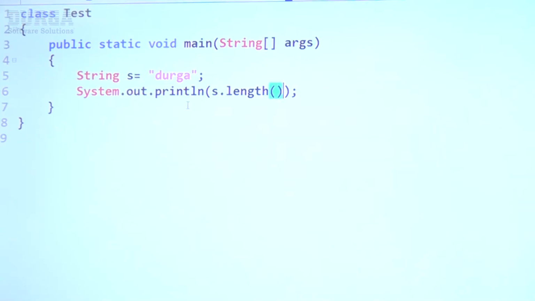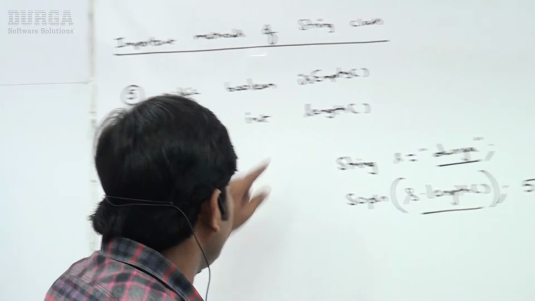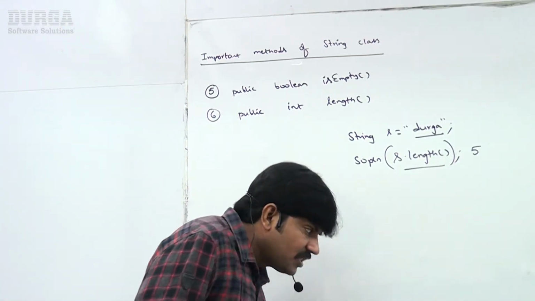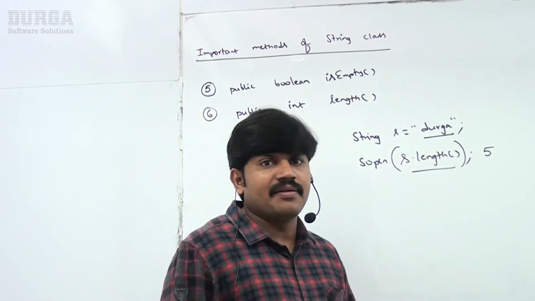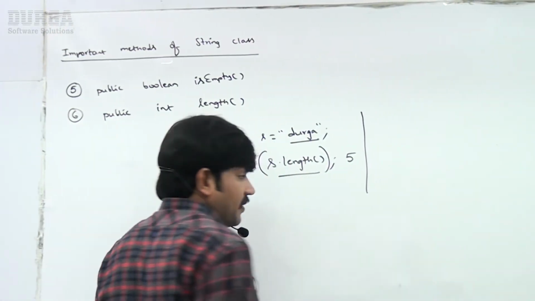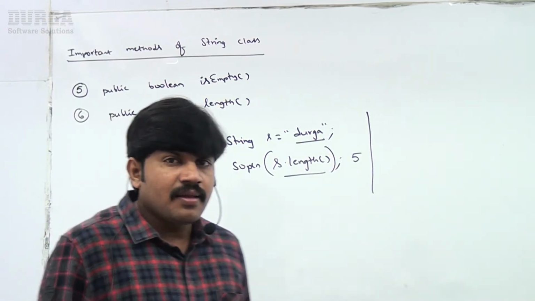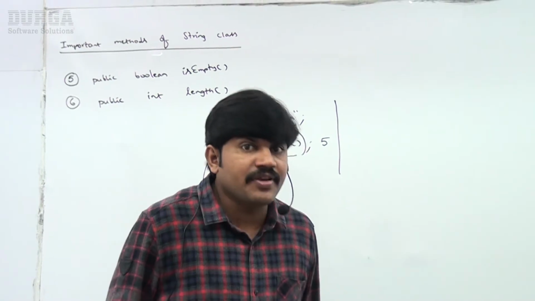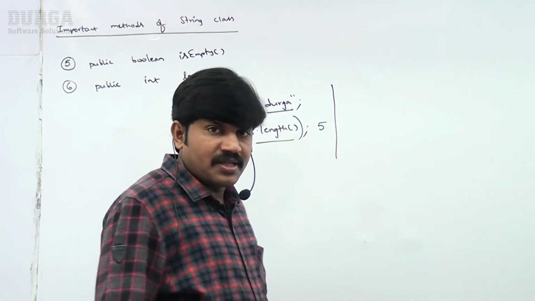Okay, sir. Now I hope you are aware of what isEmpty is and what the length method is, right? But here is one small thing you should identify. Observe very carefully. Do you know that in Java a length variable is also there? Sometimes you use the length variable, sometimes the length method.